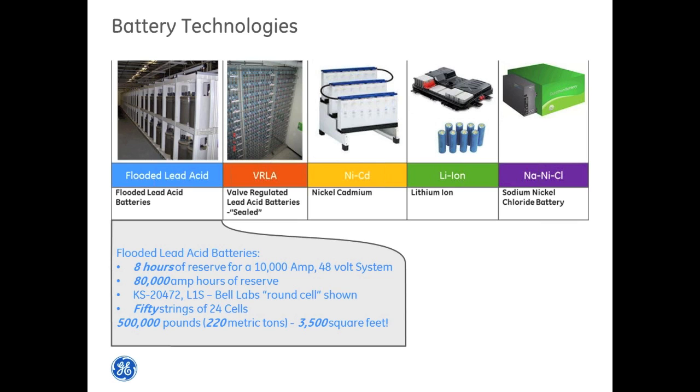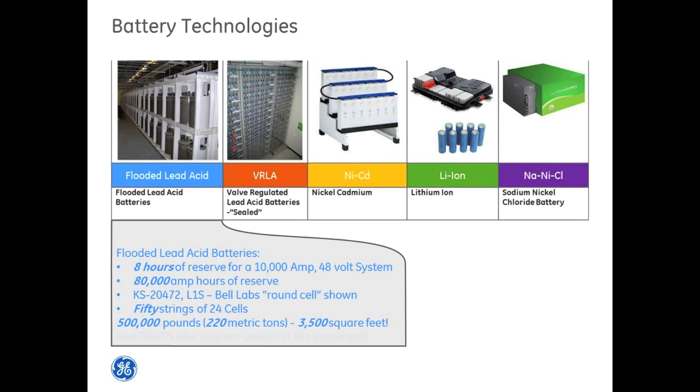Typical application in the central office, 10,000 amps, requirement for 8 hours of reserve, and a 48-volt system. That's looking at 80,000 ampere hours of battery reserve. With the list 1Ss, which were typically around 1,600 ampere hours, that's 50 strings, each string having 24 of those 2-volt cells that you see on those shelves.